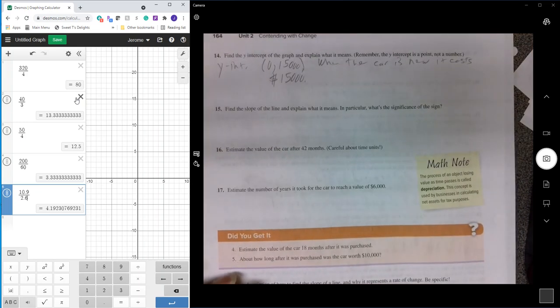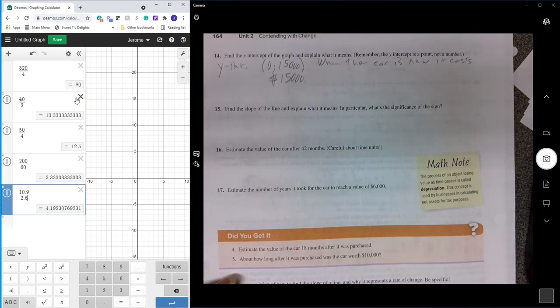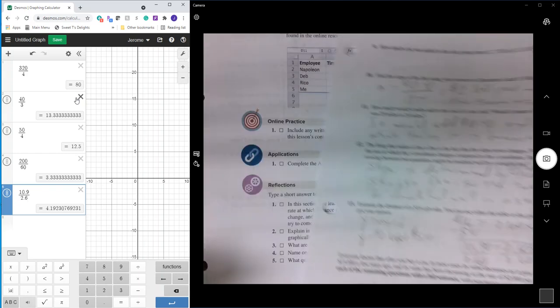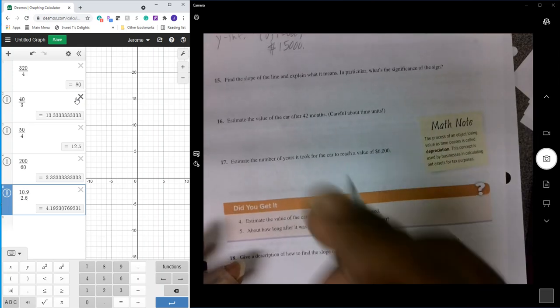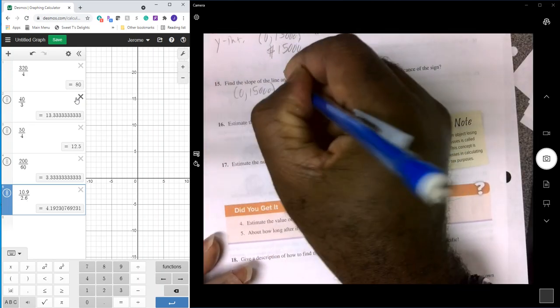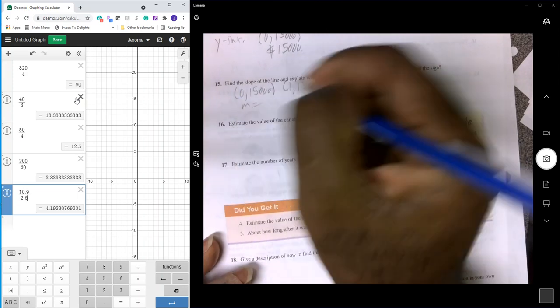It says find the slope of the line and explain what it means. Now, to find the slope, we could take the y-intercept and one other point. So let's take (1, 13,000). So we have (0, 15,000) and (1, 13,000), and we could do the slope formula.